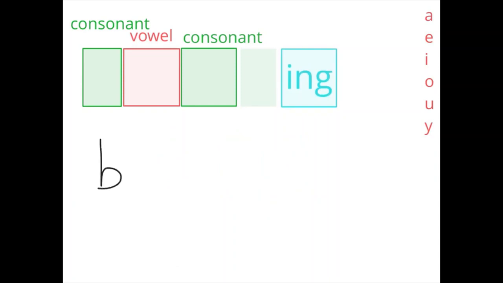For the word begin, we can see that we have a vowel here and we have a vowel here. That means there are two syllables in this word because each syllable can only have one vowel sound in it. In fact, the only rule about a syllable is that it has to have a vowel sound in it.